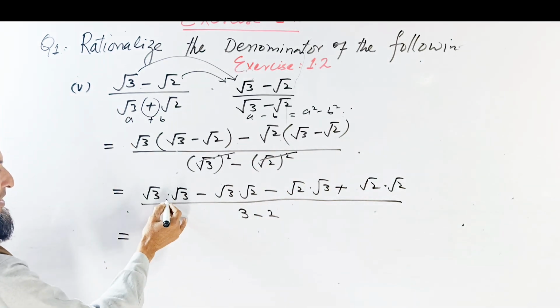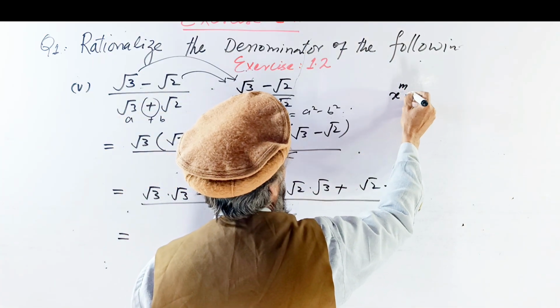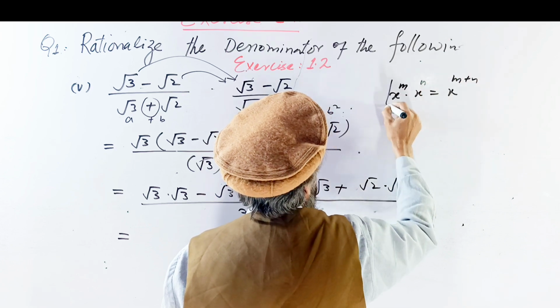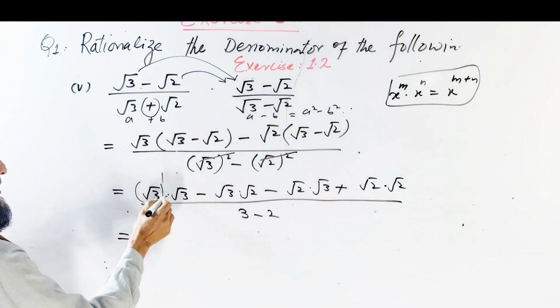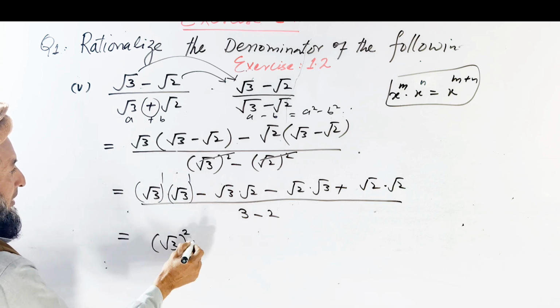Now look here, the bases are the same, so according to this property we add the exponents. Here the exponent is 1 and here is also 1. So we add their powers.